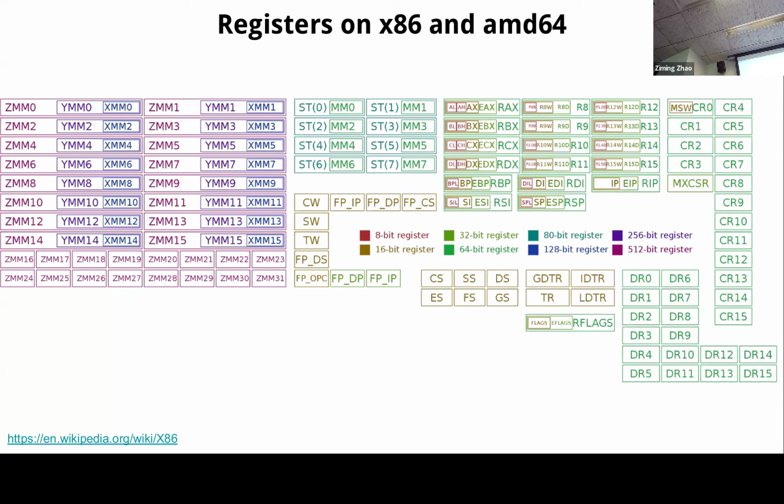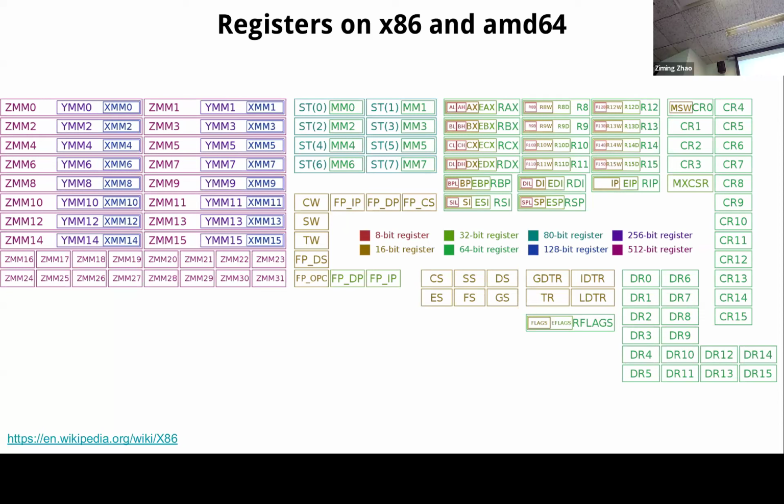ES is probably extra segment. I don't remember what the names stand for anymore. Anyway, we're not really using segmentation anymore in modern CPUs or modern operating systems. Only earlier ones were using segmentation. Those registers are still useful nowadays, but they are used for different purposes, not used for segmentation anymore.